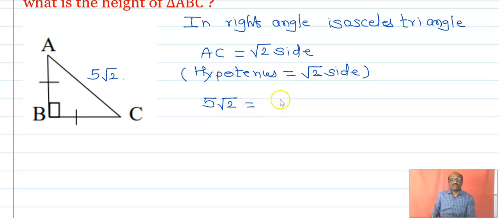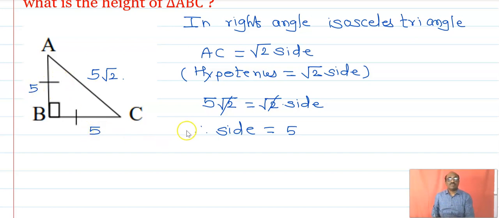5 root 2 is equal to root 2 into side. Now here root 2 gets cancelled on both sides, and therefore side is equal to 5. Means AB is 5 and BC is also 5.